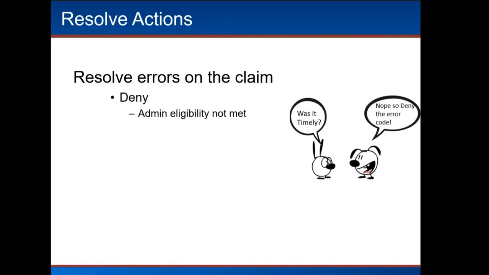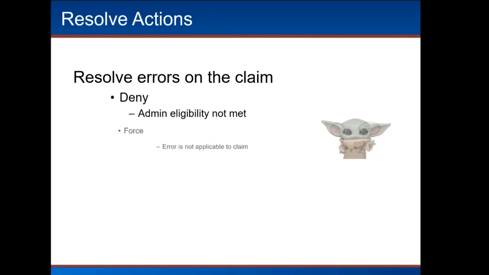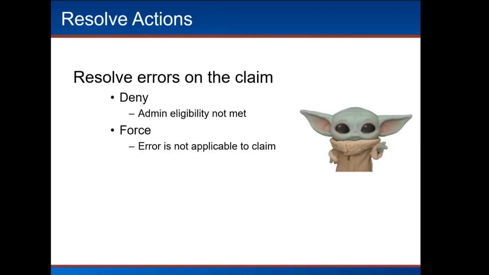For example, the claim was not timely filed. Force. The error is not applicable. For example, 1725 insurance error presents on an outpatient claim and the veteran only has Medicare A coverage. We would force that error as it is not applicable to that event.